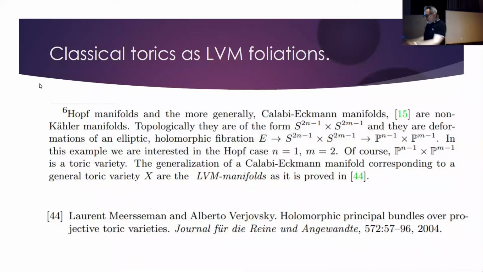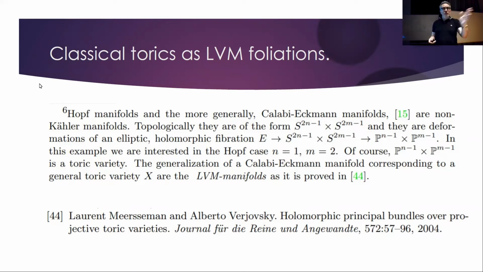Above every toric variety there is this, but it's no longer called a Calabi-Eckmann manifold. It's called an LVM manifold, for Lopez de Medrano, Verjovsky, and Meersseman. So there is this LVM manifold above every toric variety, and there is this canonical foliation on this LVM manifold that is God-given.